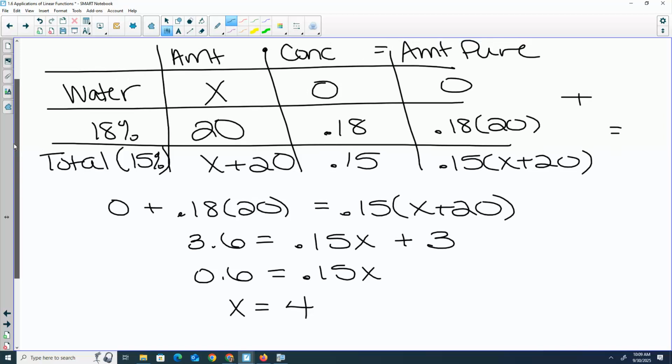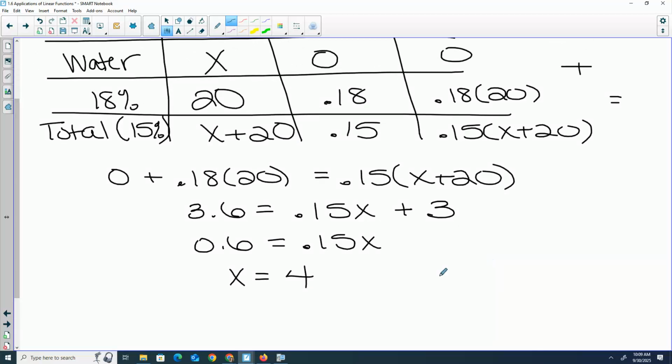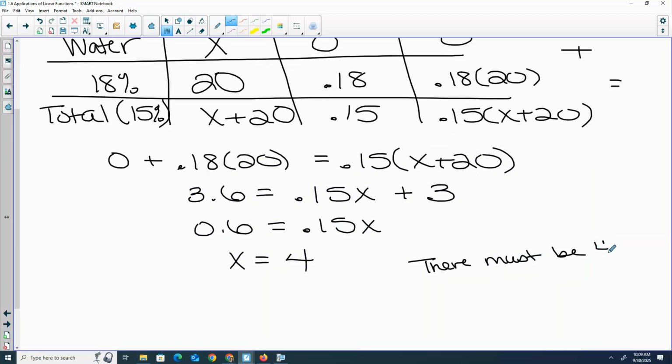So when we answer the question, we want to know how much water, so we need 4 liters of water.